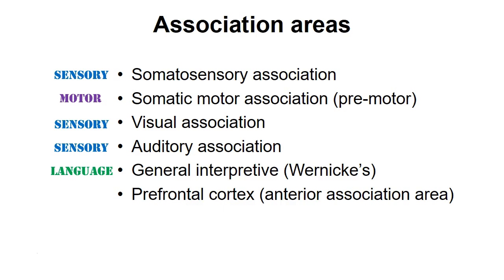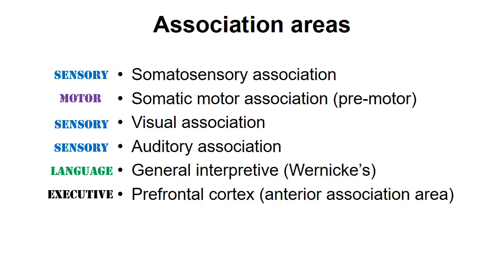For language, we have one area that's involved with understanding words, being able to go from seeing certain objects to identifying the words associated with that object. That's integration and identification.